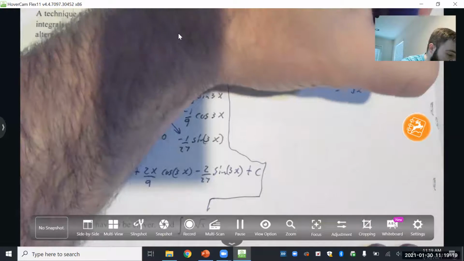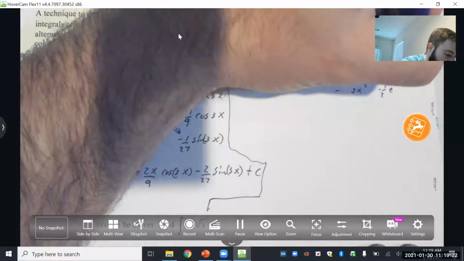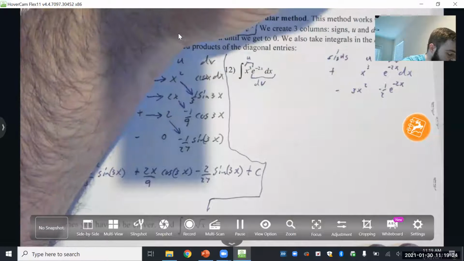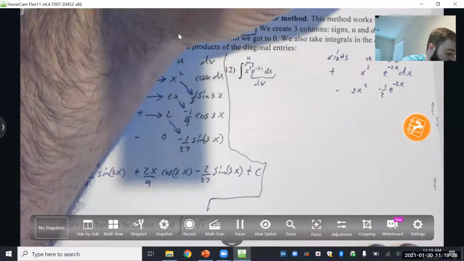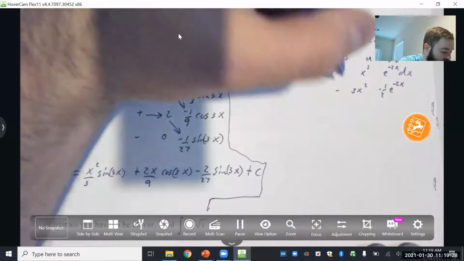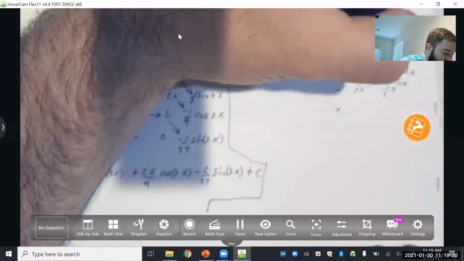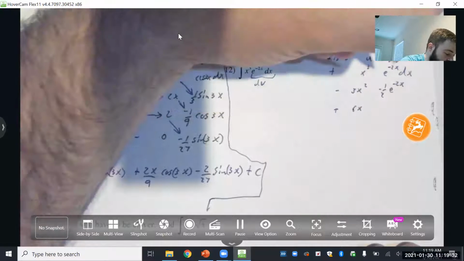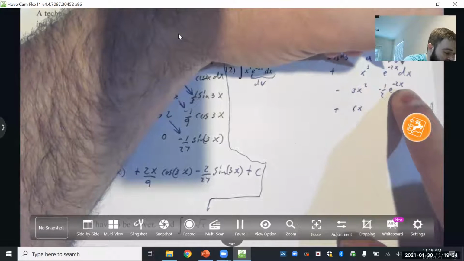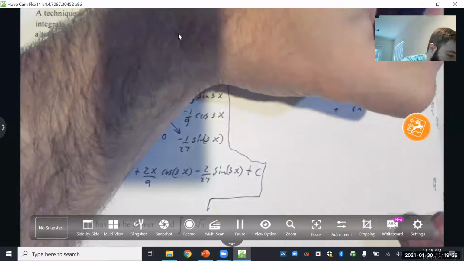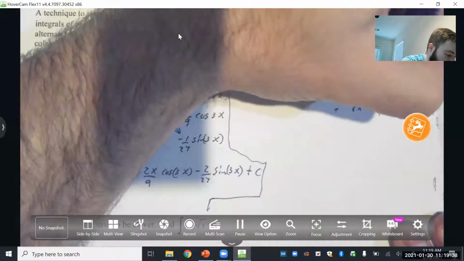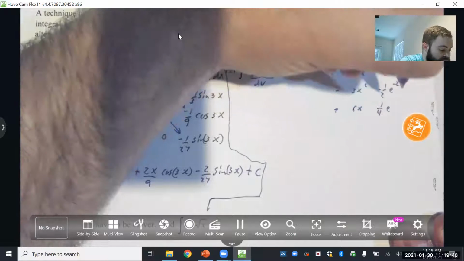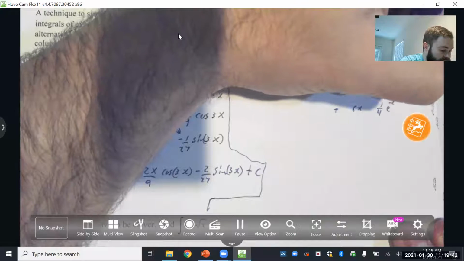So negative 1/2 e to the negative 2x, and then the positive, take the derivative again, that'll be 6x, and we divide by the derivative of the power again, so it'll be positive 1/4 e to the negative 2x.